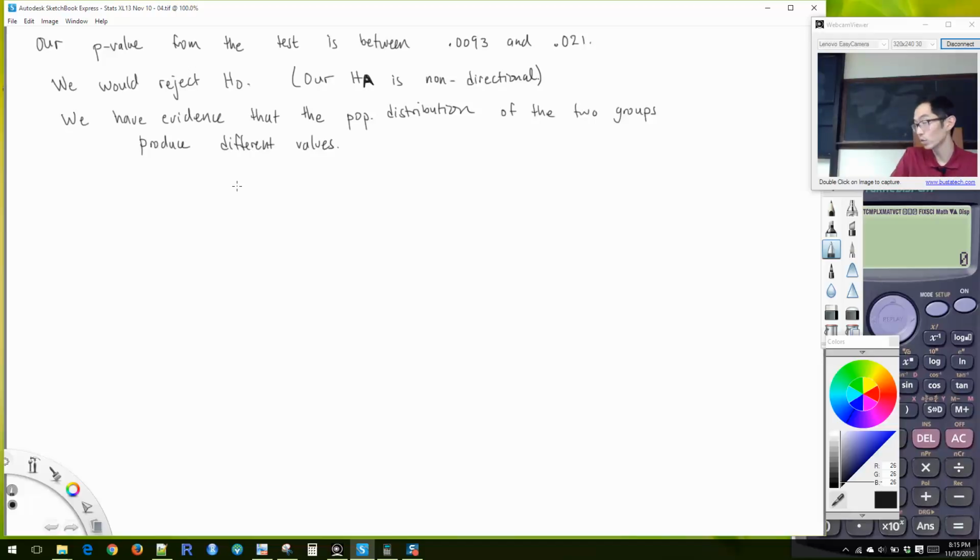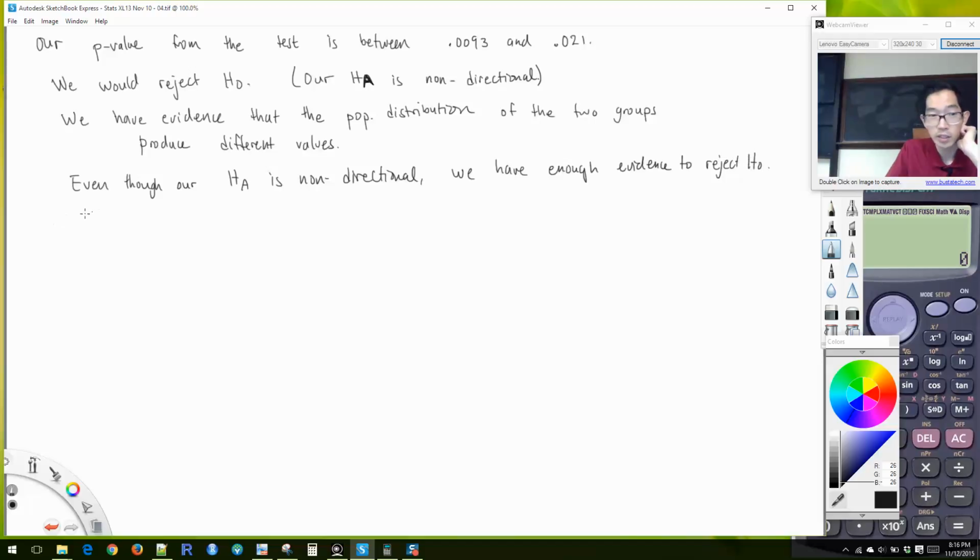So we can do that. Even though HA is non-directional, we have enough evidence to reject the null, and we can make a directional conclusion.